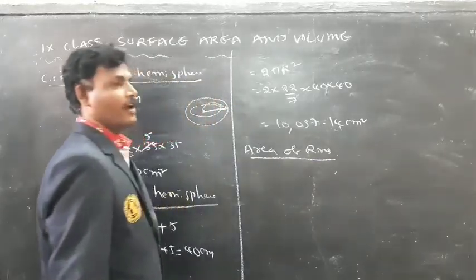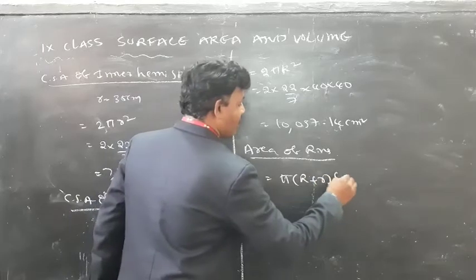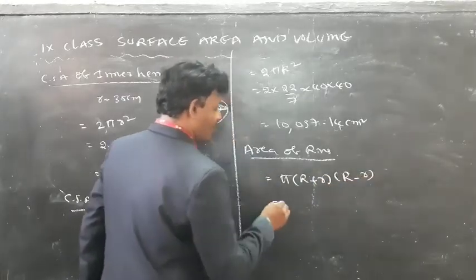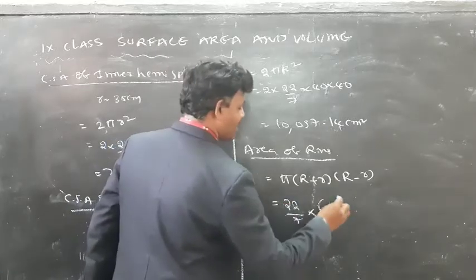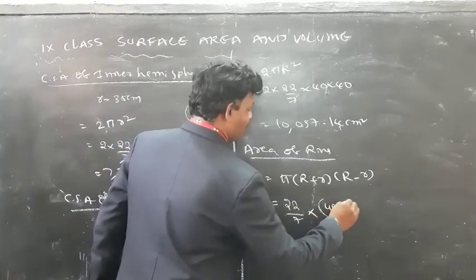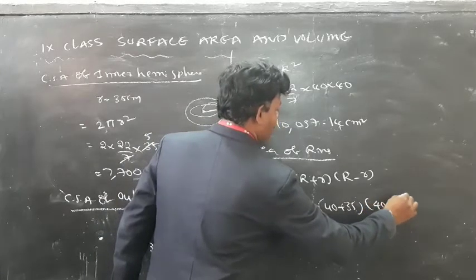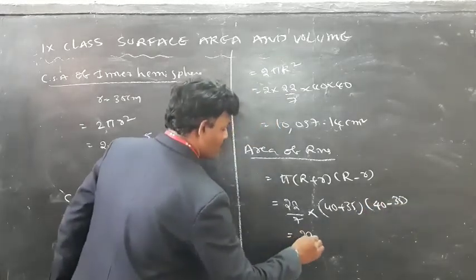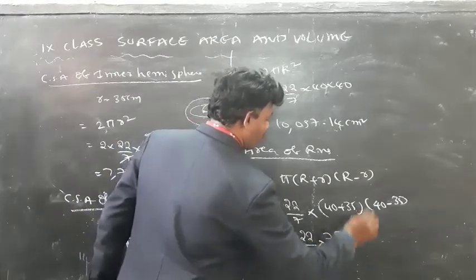Next I need area of ring. What is the formula to find area of ring? Pi of R plus r into R minus r. What is the value of pi? 22 by 7 into R plus r means 40 plus 35 into R minus r means 40 minus 35. 22 by 7 into 75 into 5.